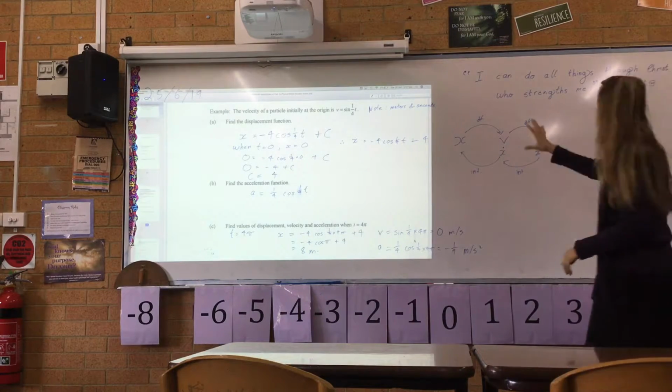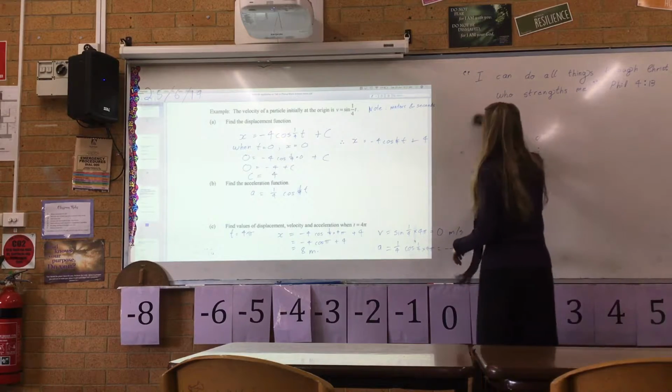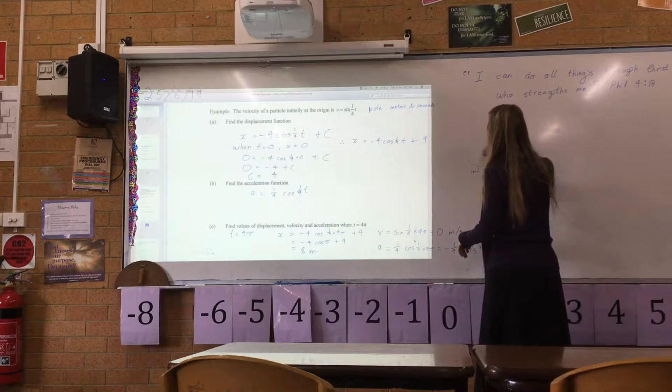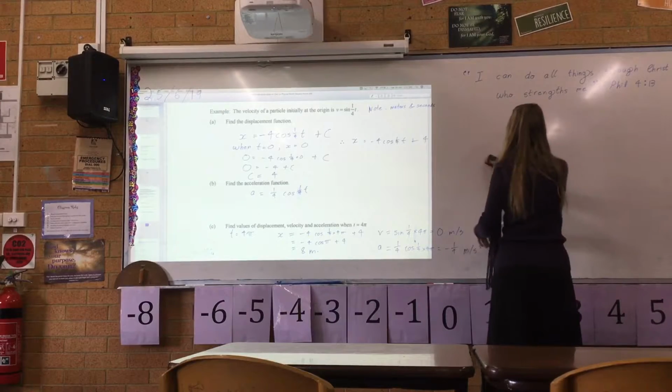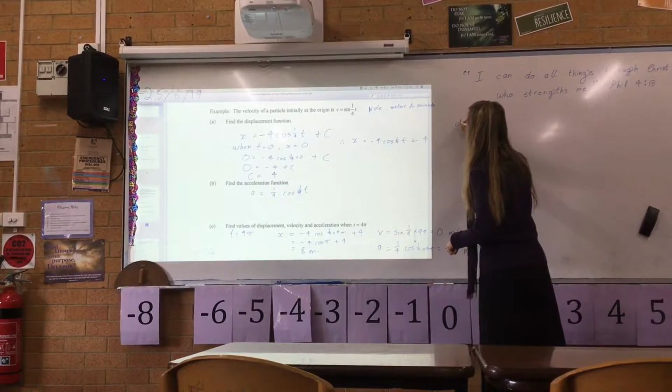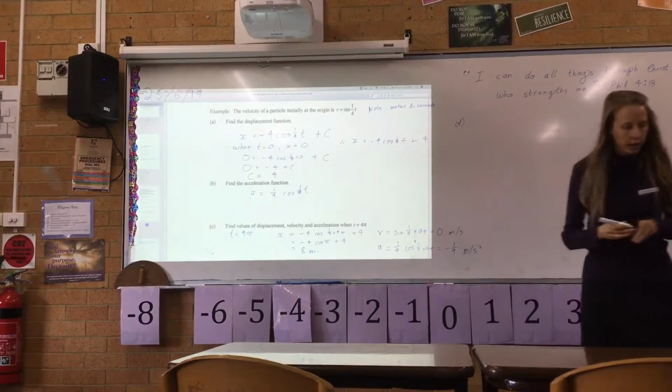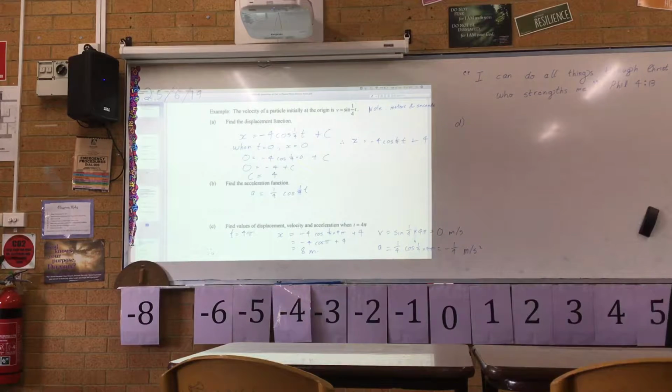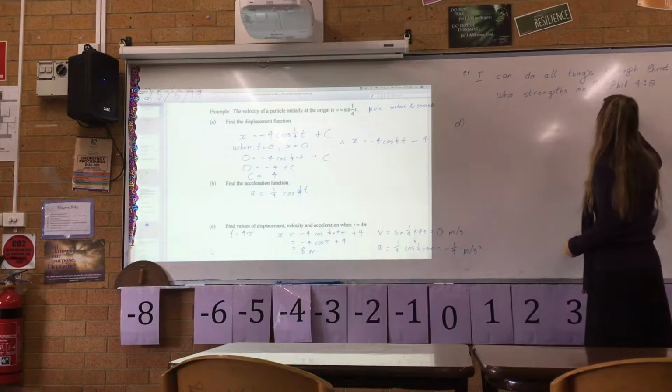I want to leave all of that up there, so I'm going to come over to this side. The next part, D, says briefly describe the motion and sketch the displacement time graph. I think it would help if we did the sketch first. Before we sketch it, let's work out the period on the side here.